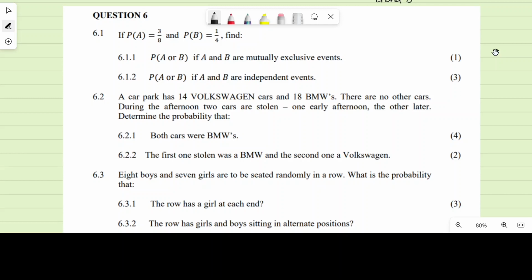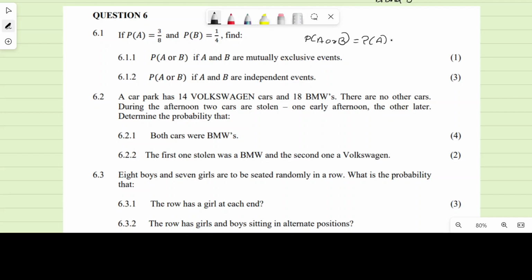Okay, so just now we found what is exclusive. How do we handle exclusive events? If they are exclusive, P(A or B) equals, okay, let me write here for now, P(A or B) equals P(A) plus P(B).